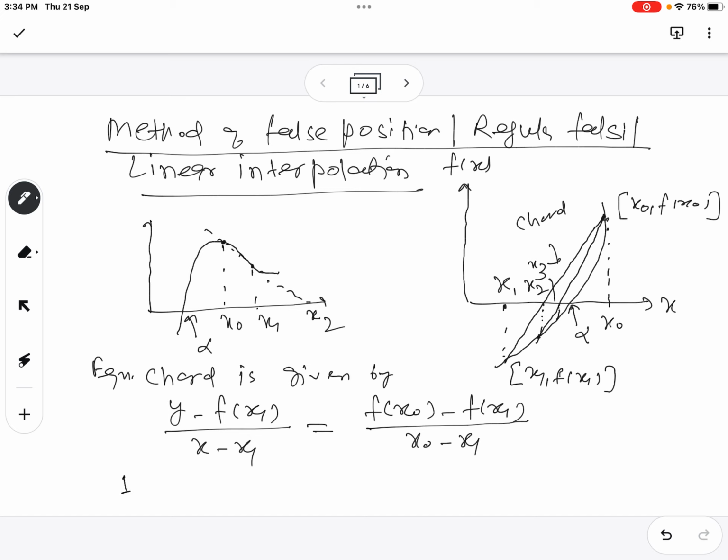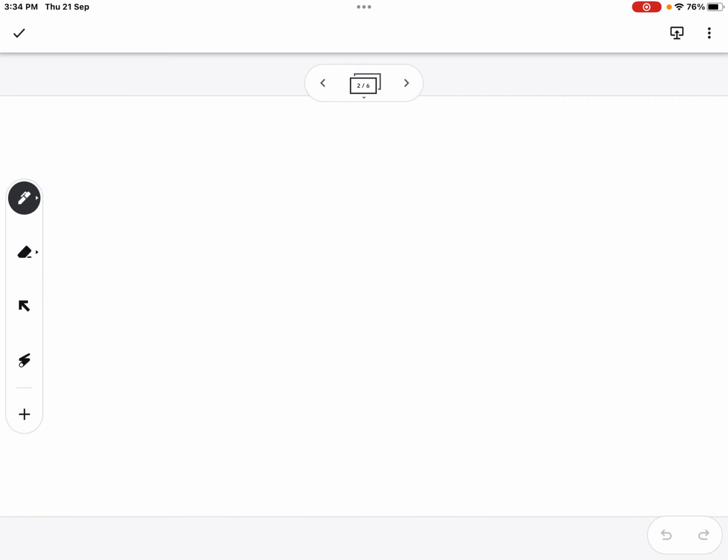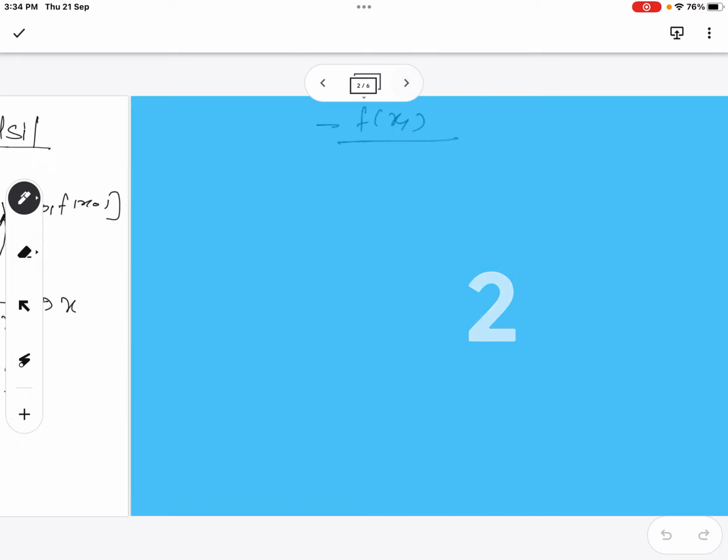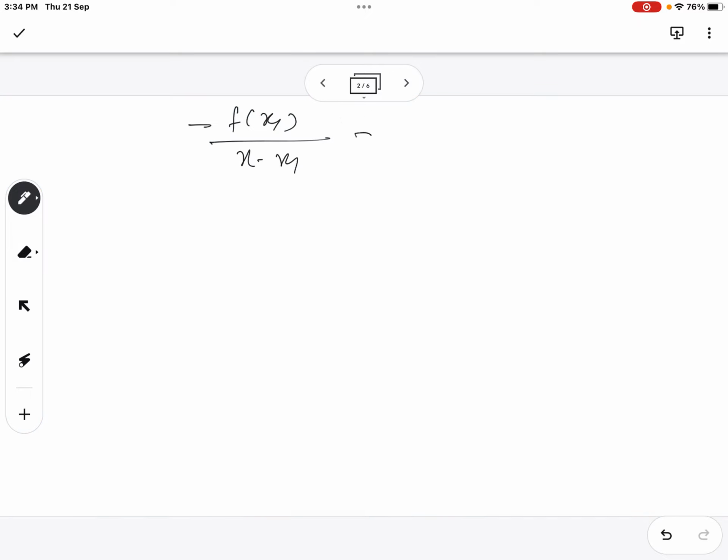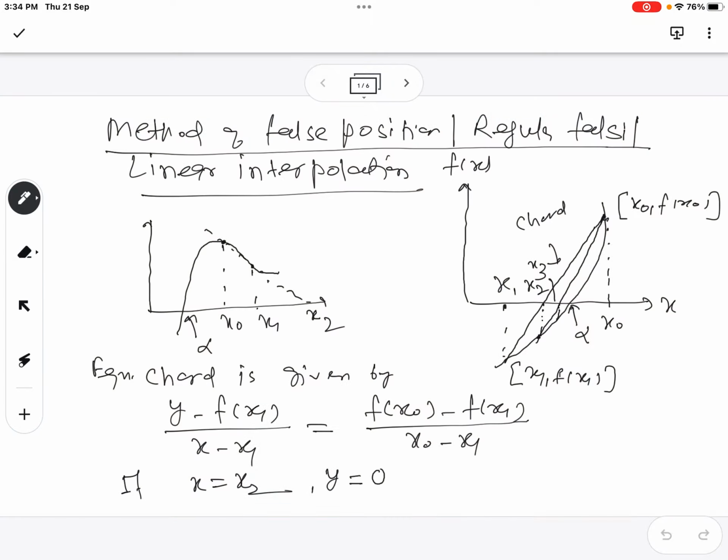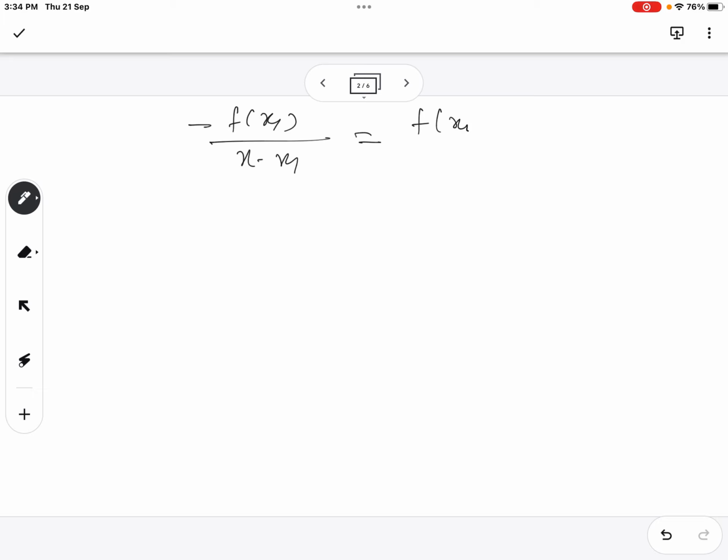If we assume that at x equal to x2 the chord cuts the x-axis, it means y is equal to 0, then I can write (0 minus f(x1)) divided by (x2 minus x1) is equal to (f(x0) minus f(x1)) divided by (x0 minus x1).